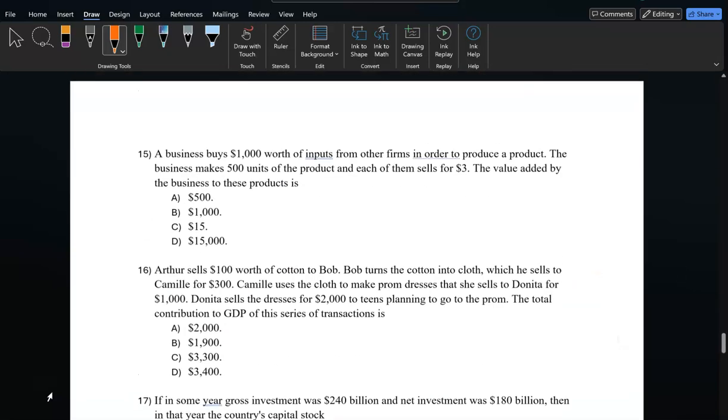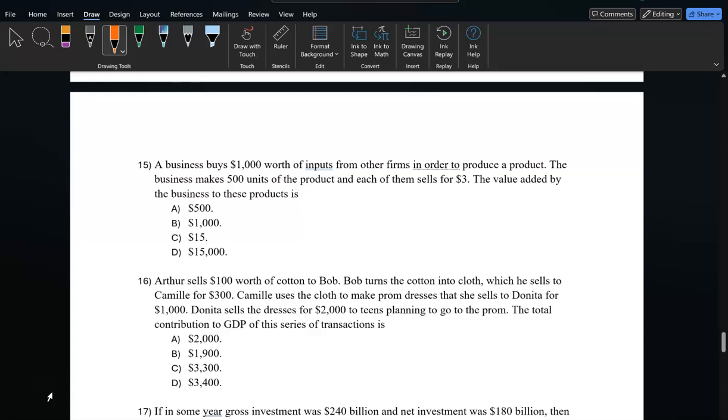All right, let's take a look at question 15. Question 15 tells us a business buys $1,000 worth of inputs in order to produce a product. The business makes 500 units and sells them for $3.